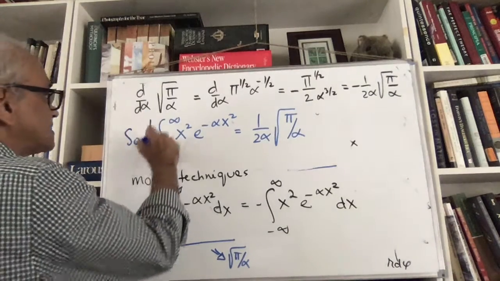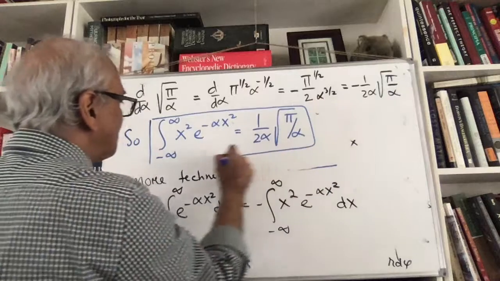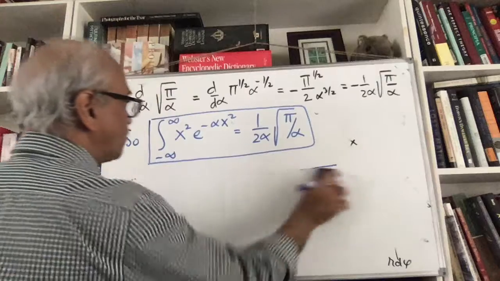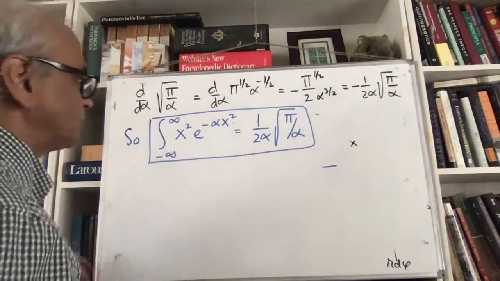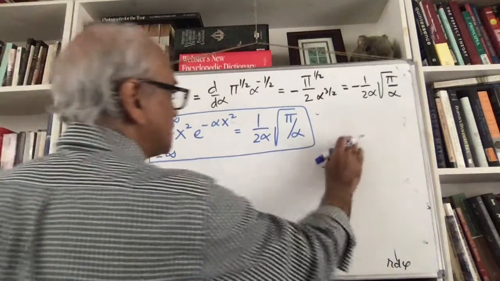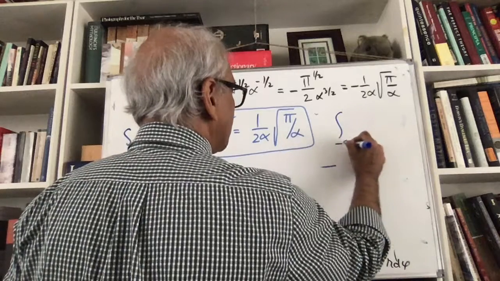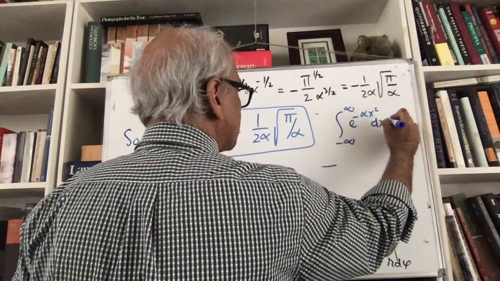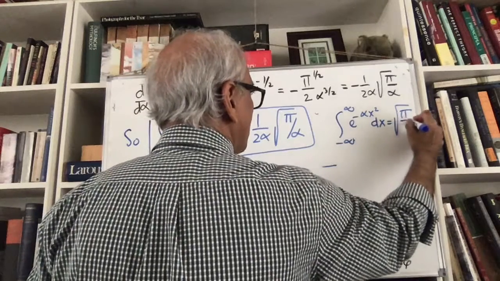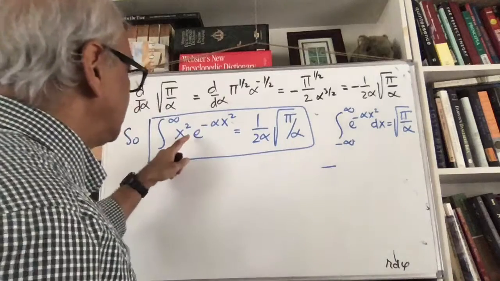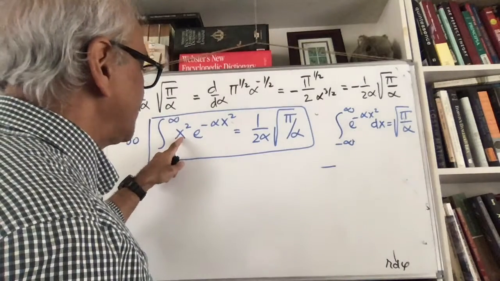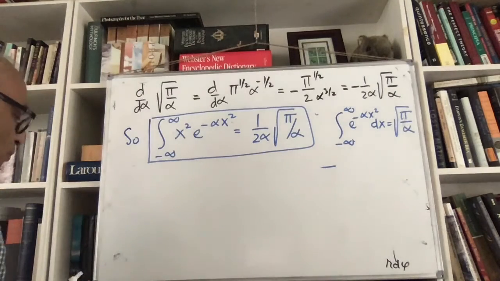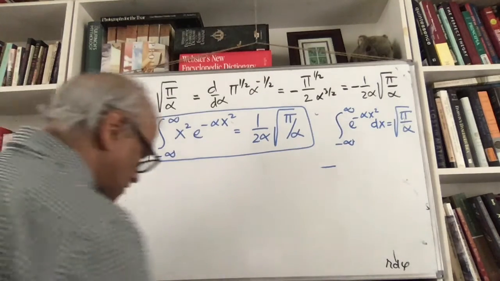So this is something I need, but I can differentiate one more time. Just so that you remember, we have the integral of e to the power minus alpha x squared dx, which was simply root pi over alpha. And then this guy, if I have x squared, a 1 over 2 alpha comes in. If I differentiate one more time, so let me write this down.